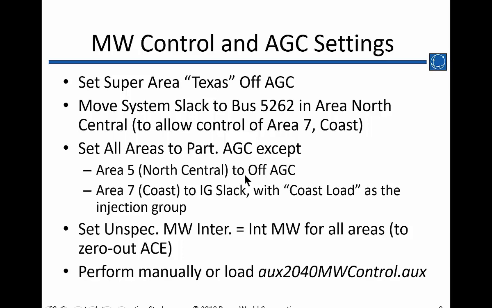We'll set the area 5, which has the slack bus after it gets moved, to off AGC, and then area 7 we'll put on injection group slack with the coast load as the injection group. By doing that, if we put in a transaction between our new area and area 7, it'll basically be doing the same thing as it will do when we do the PV study later.